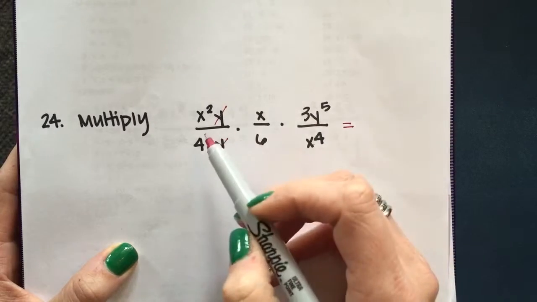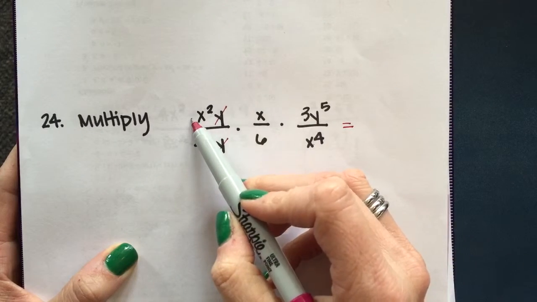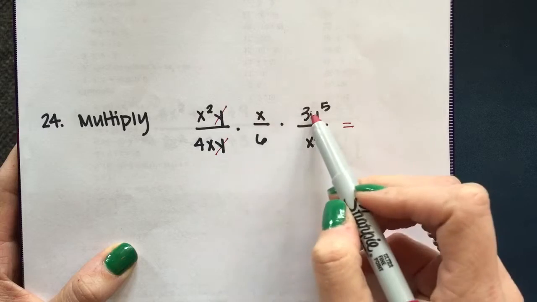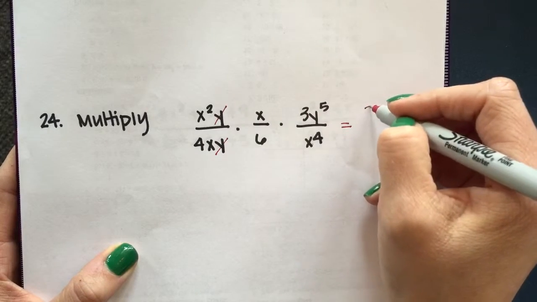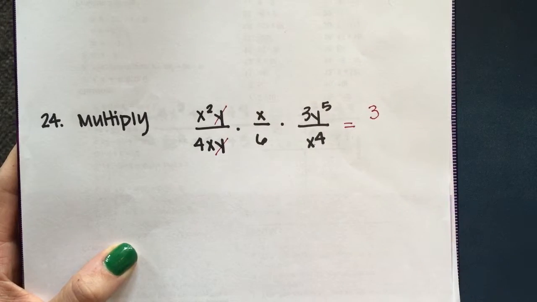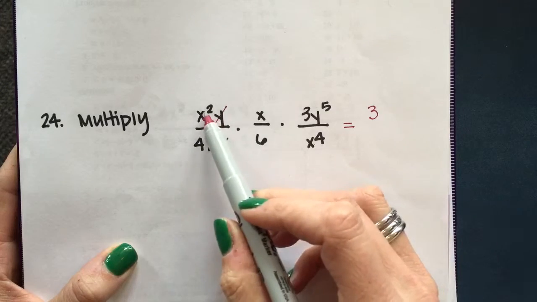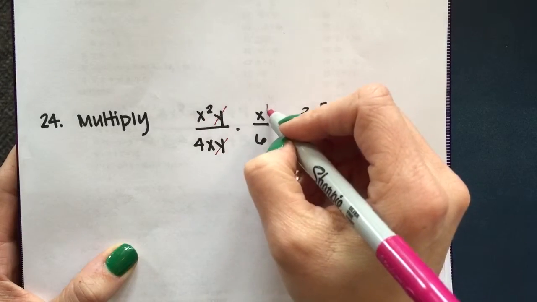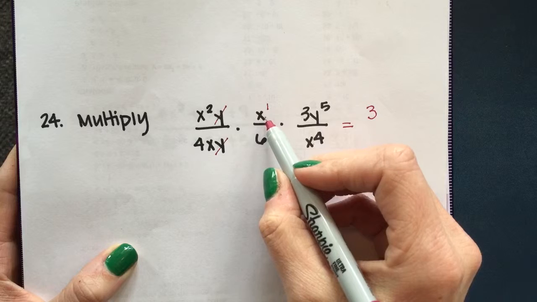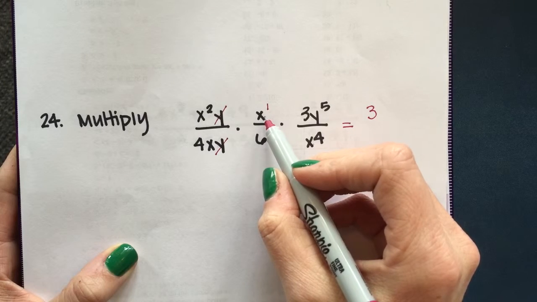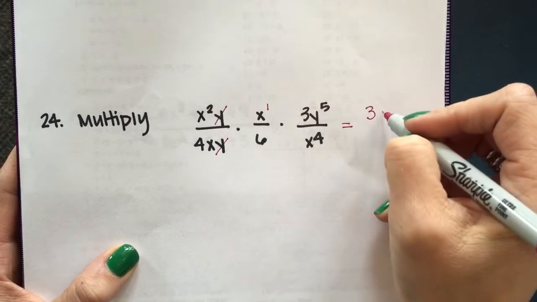So if we go that route, coefficient 1 times coefficient 1 times coefficient 3. 1 times 1 times 3 is 3. If I multiply the x's together, x to the second times x to the first. When we multiply, we add exponents, so that's x to the third.